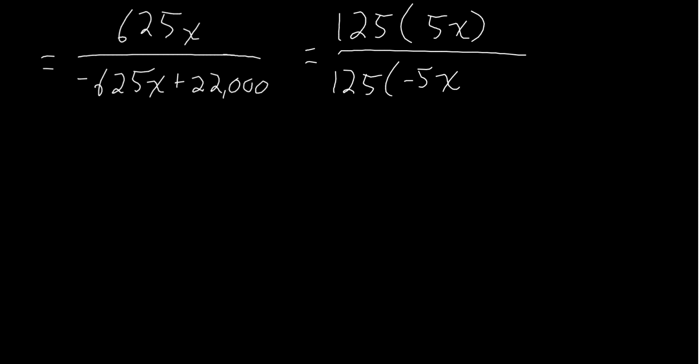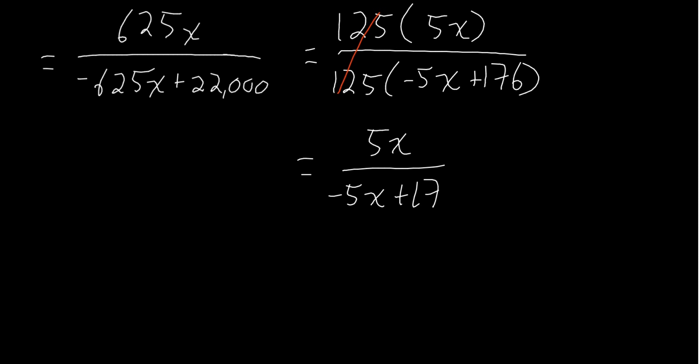And then 22,000 divided by 125, I have 176. So plus 176. And that's how we get to the point where we cancel out the 125s. So my equation is just going to be my elasticity equation.